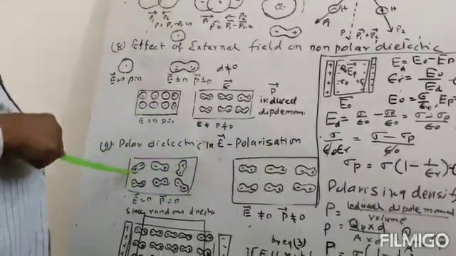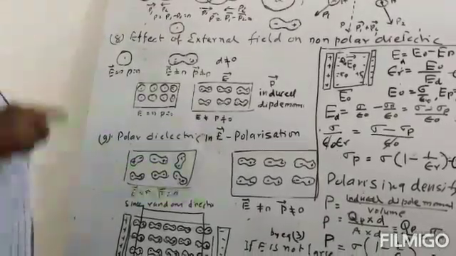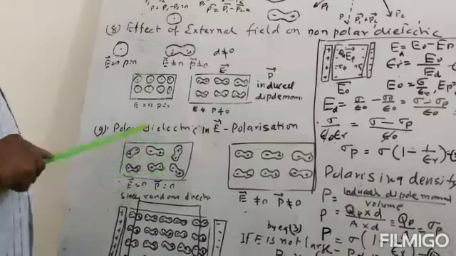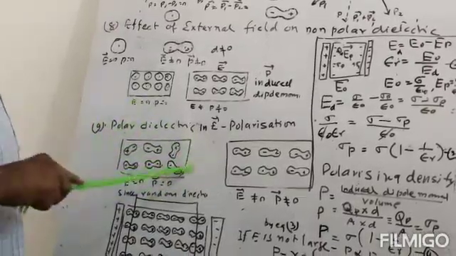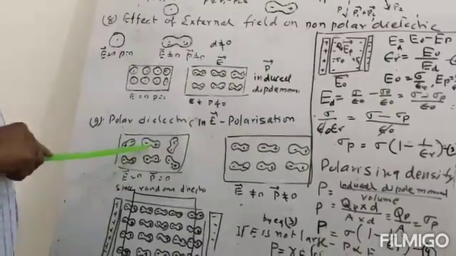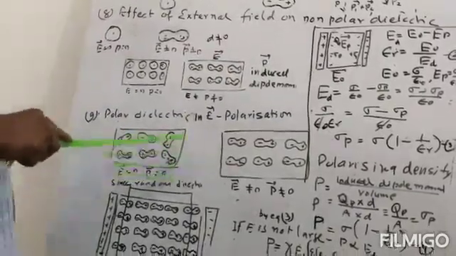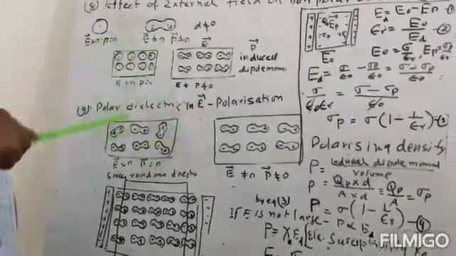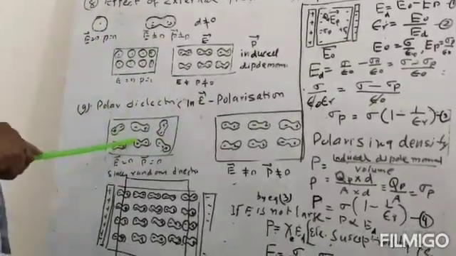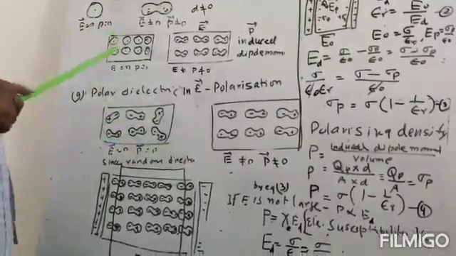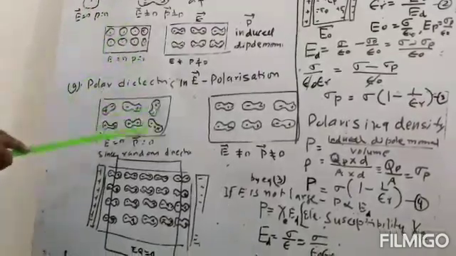So even though each molecule has a permanent dipole moment, the resultant dipole moment due to the random orientation of these dipoles is equal to 0. When there is no electrical field, the total dipole moment is 0, both for the polar as well as for the non-polar.